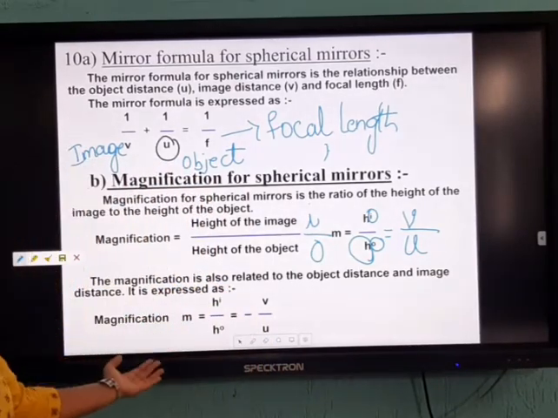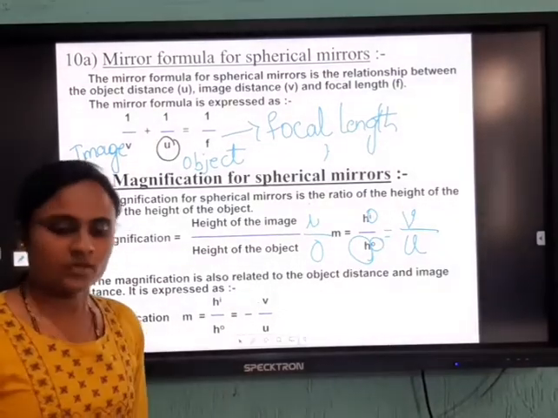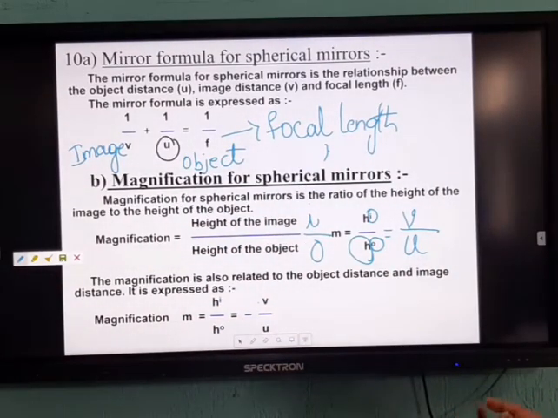You can take it either as hi by h naught or v by u. Clear? So magnification is given by hi by h naught.